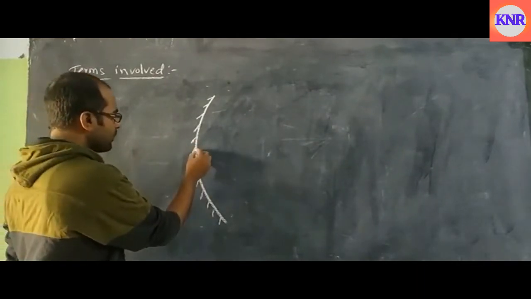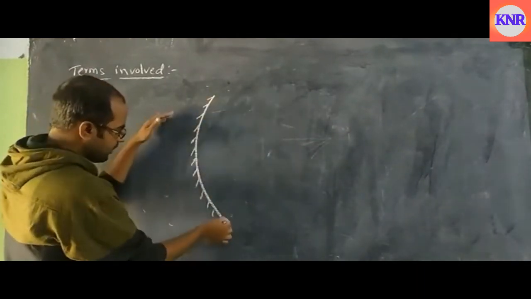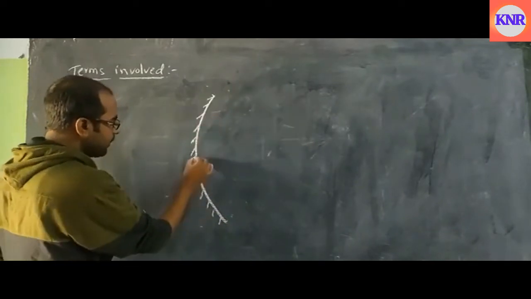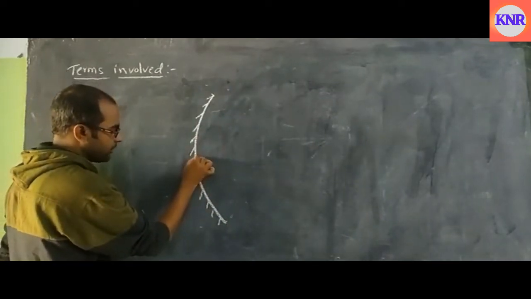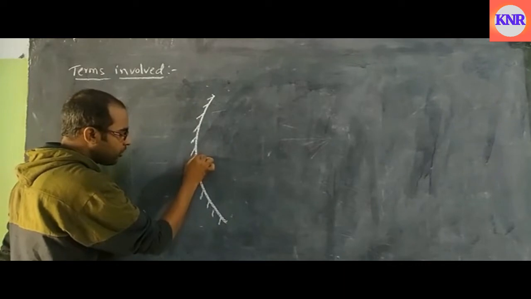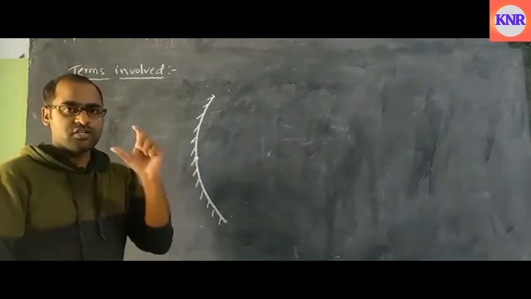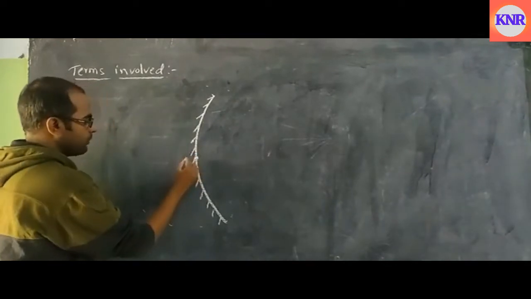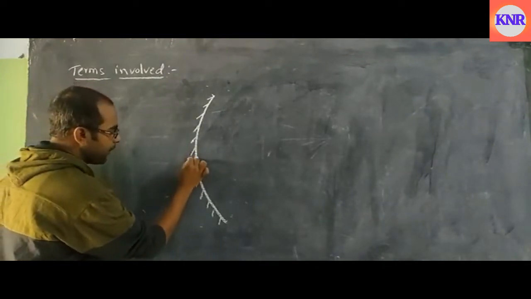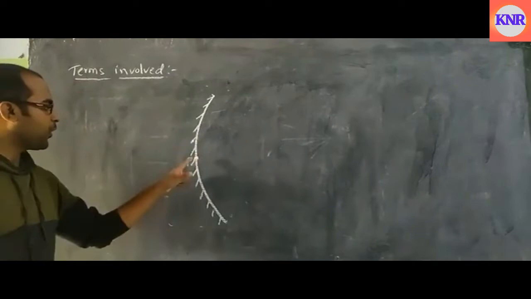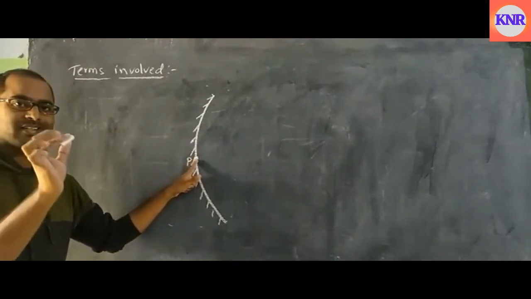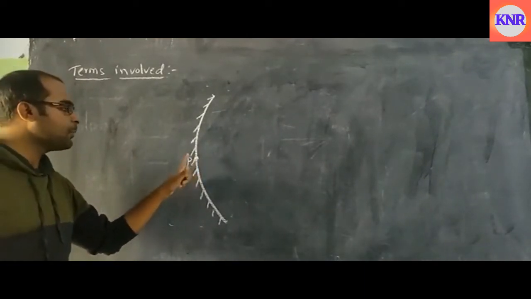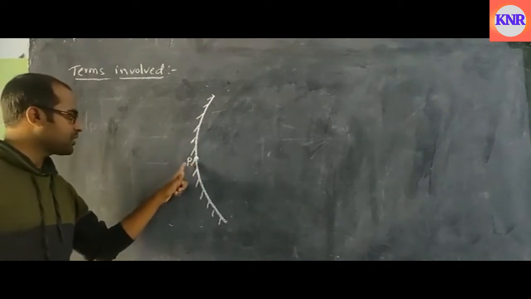The first one is the middle point, or the geometrical center of the mirror, which is called the pole, represented by P.